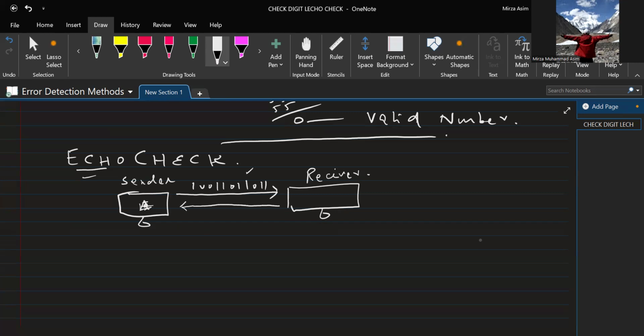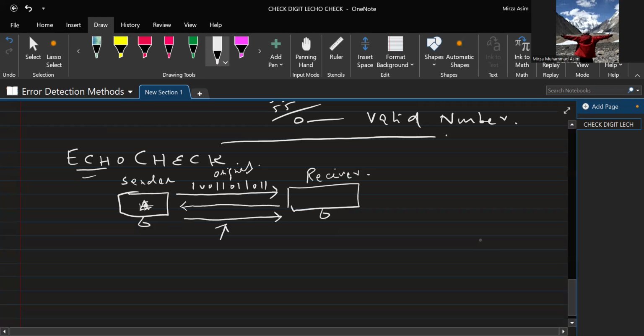A copy is kept by the receiver and it immediately sends back the same data to the sender. Now the sender verifies the data received from the receiver. So this original data will be double checked with the data received back from the destination.